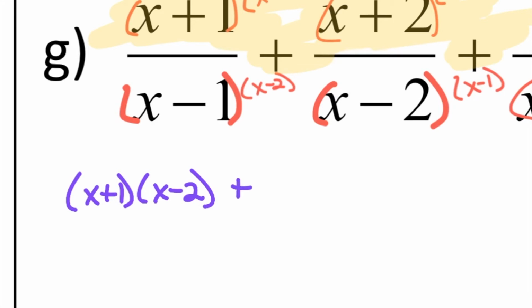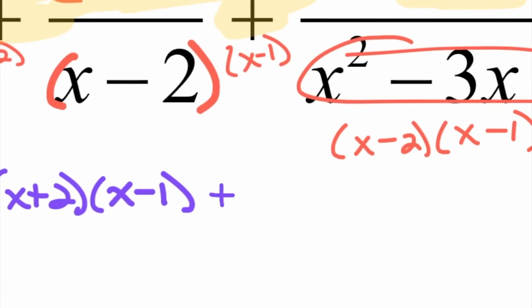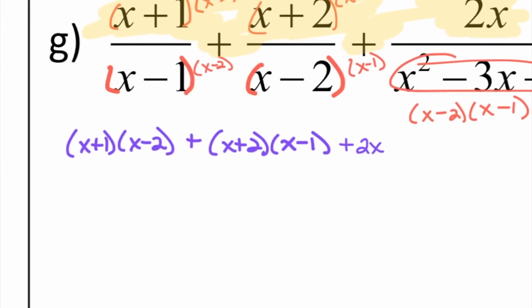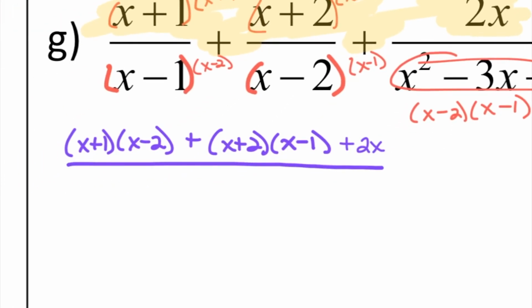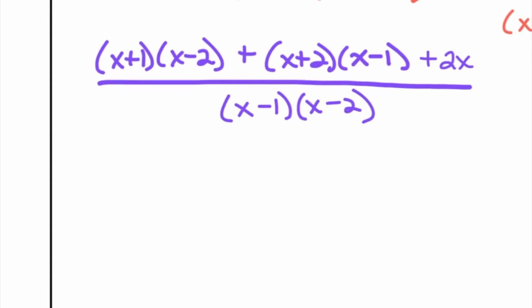From the second fraction, I've got x plus 2 times x minus 1. And then from the third fraction, just plus 2x. So that's my whole big numerator. And now my LCD is my common denominator here, and that's just going to be my one itty-bitty denominator.